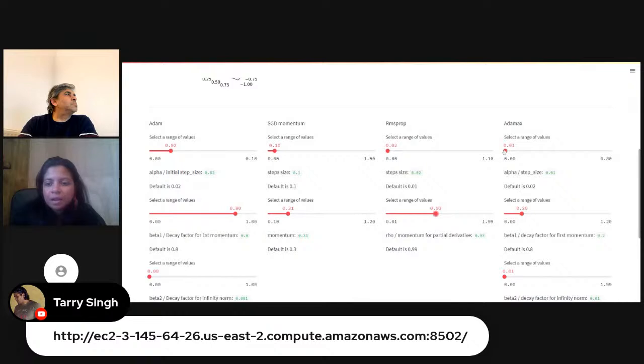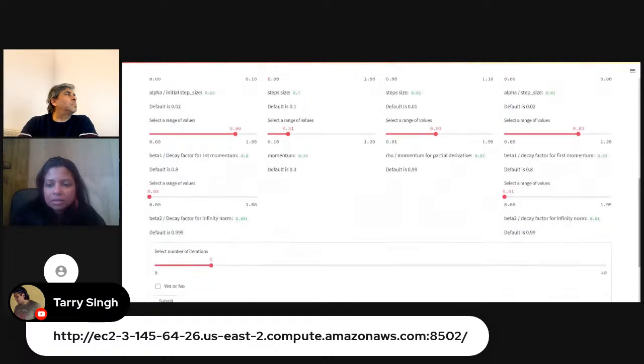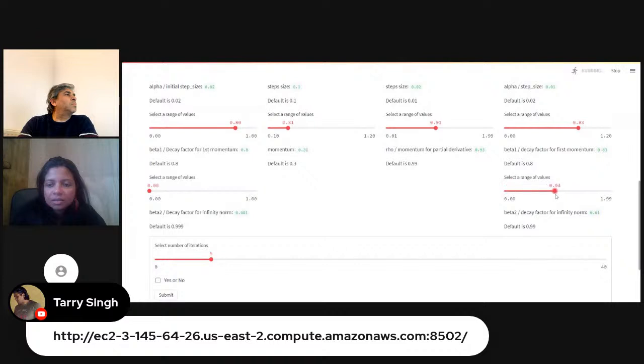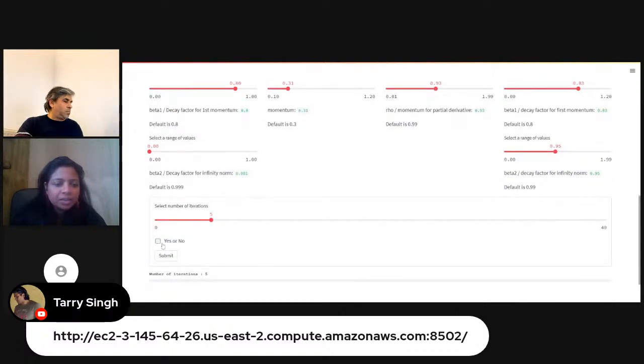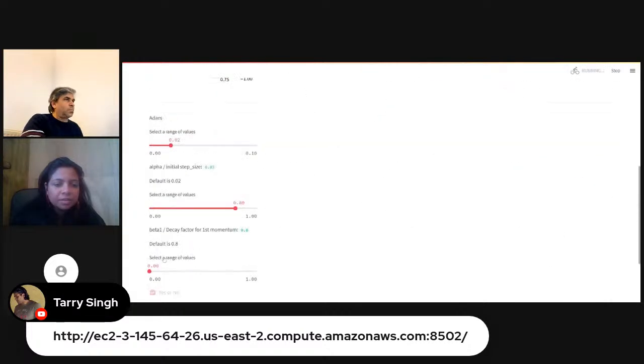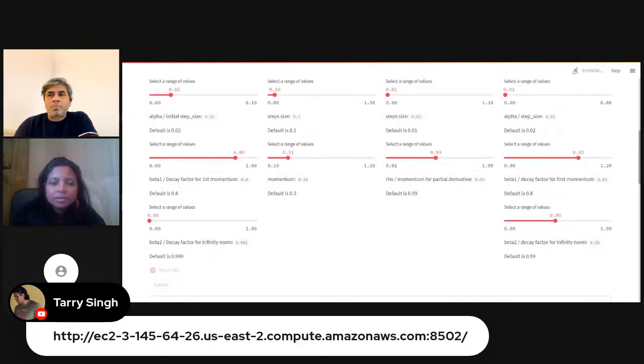Okay, this is already 0.1, 8, and 5. Okay. So then you need to select the number of iterations. So it's default set to 5, but 5 is really less. So something has to be kind of higher than 5. Let's go 17 for now. Okay. And submit.